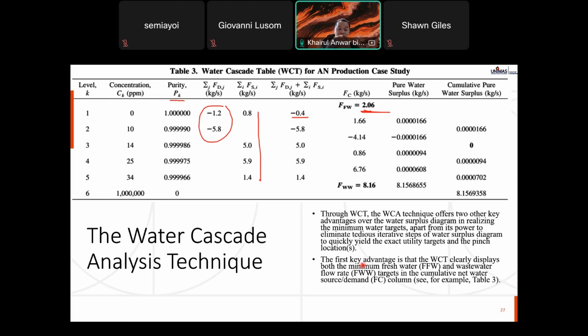The first, there are some iterations, but only once you identify the pinch, the minimum freshwater required, which will be depending further on W. If it's considered an iteration, then it's only one step.